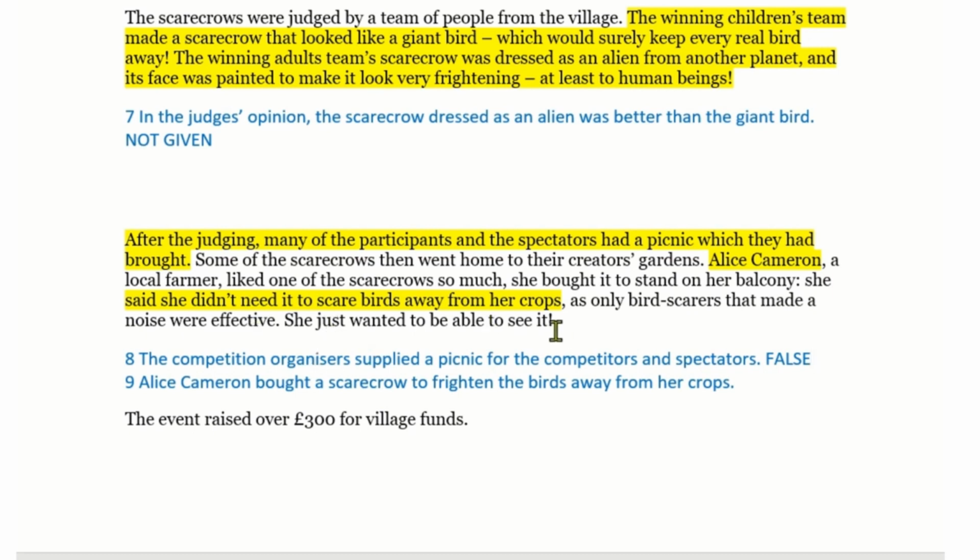She just wanted to be able to see it. So it's that, again, that line that I've highlighted. Alice Cameron said she didn't need it to scare birds away from her crops. So is that the same as Alice Cameron bought a scarecrow to frighten the birds away from her crops? No, it's the opposite. So that one is false.